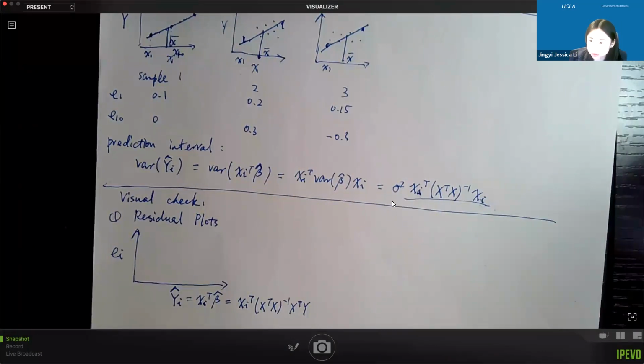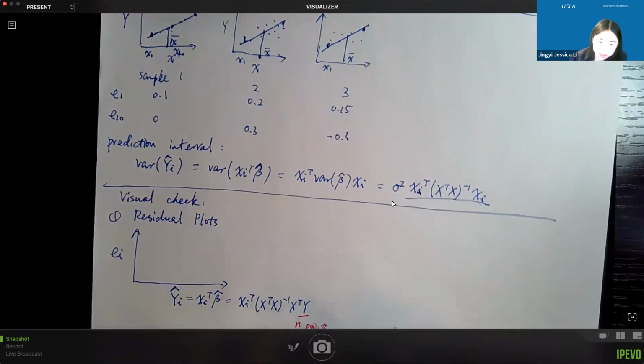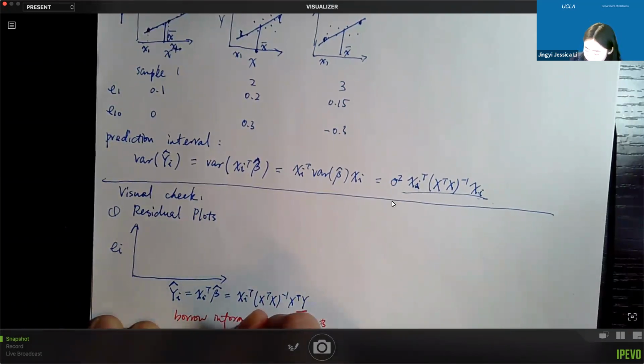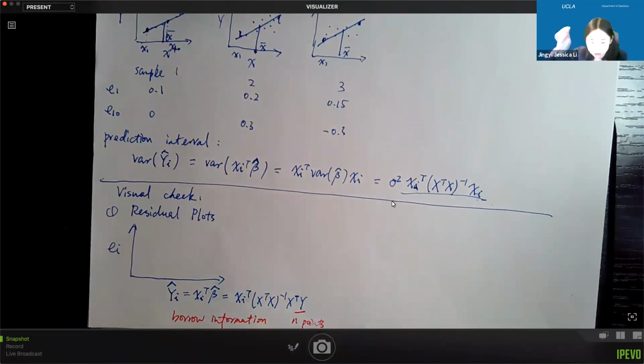That is, we borrow information across data points, because this one involves n data points, and we are using them together to estimate or predict the value of one data point. So this is what we call borrowing information. Please keep this in mind. This is the essence of any type of regression. It's borrowing information to regress to the mean.